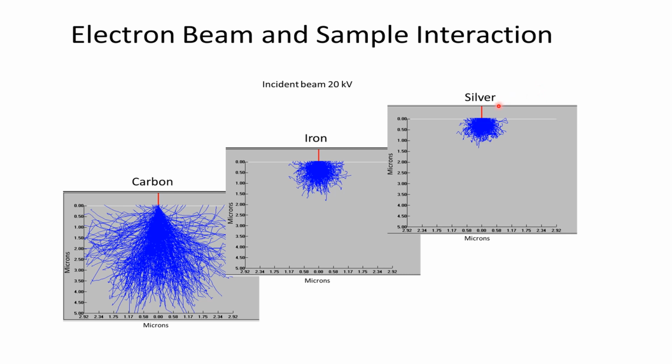So silver has a small interaction volume because it can stop the electron beam easily, and the electron beam cannot penetrate further into the sample. Iron has a larger interaction volume as compared to silver, and carbon has the largest interaction volume as compared to both of these.